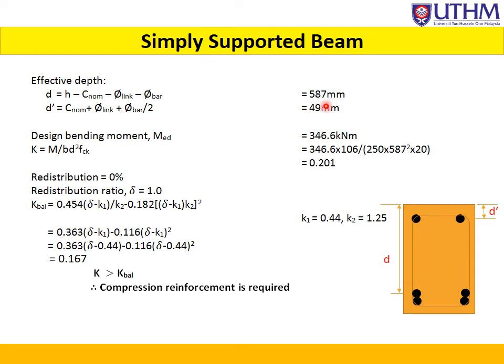It becomes 587 millimeters. For d prime, it is equal to cover plus link diameter plus half of bar diameter. It becomes 49 millimeters. Our design bending moment obtained from the bending moment diagram is 346.6 kNm.